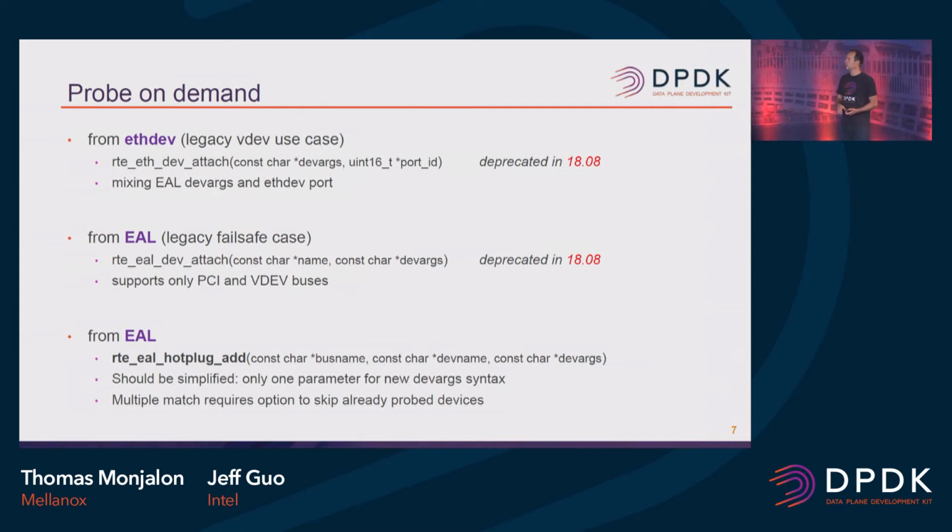And anyway, it's also deprecated because we have one more API, which is rte_eal_hotplug_add. Hopefully, it will be the last one. Not sure. But it can be simplified. We have too many parameters. It can be just one parameter for devargs, and that's all. You see, with the new devargs syntax, you can describe everything. And it's a very explicit syntax, so you don't need more.